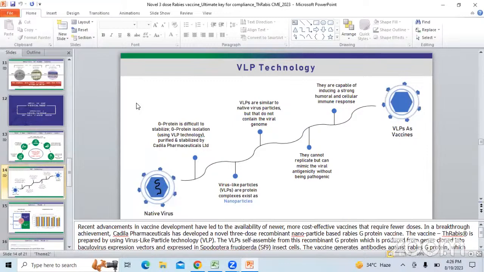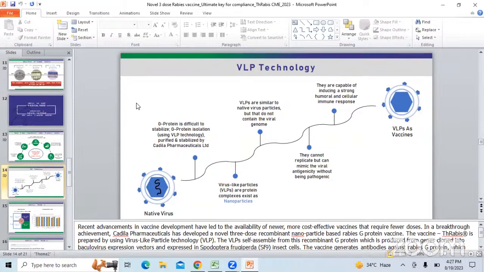Let's discuss the VLP technology. In virus-like particle technology, the native virus G protein is purified and stabilized. Later, these virus-like particles are protein complexes that exist as nanoparticles.